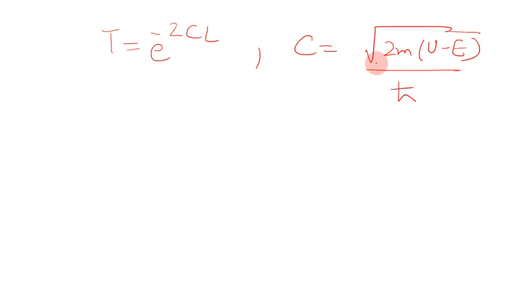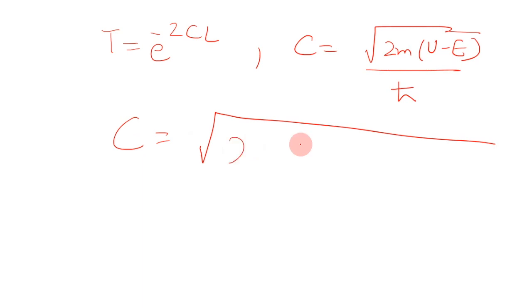Here mass m is in kilograms and U and E are in joules. So to compute C, first of all, you have to put the values.